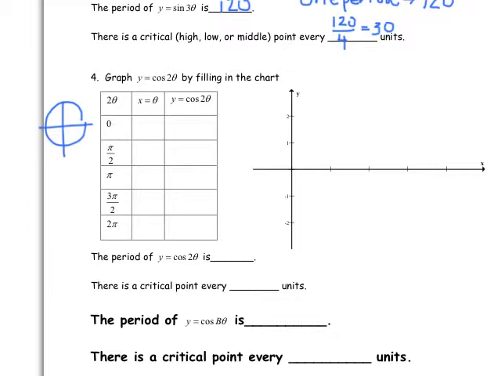Well, divide by 2, you still get 0. If 2 theta is pi over 2, when you divide by 2, you get pi over 4. If 2 theta is pi, divide by 2 and we get pi over 2. If 2 theta is 3 pi over 2, then now we have 3 pi over 4 and just pi.